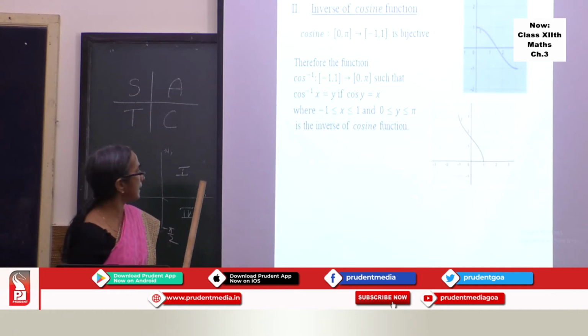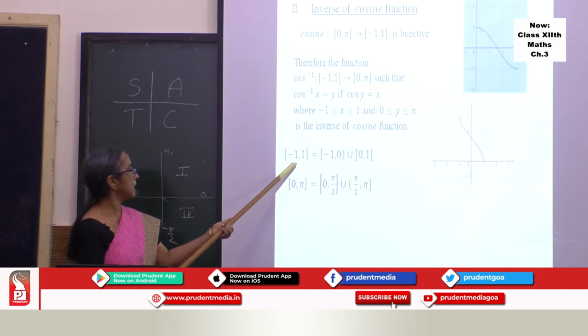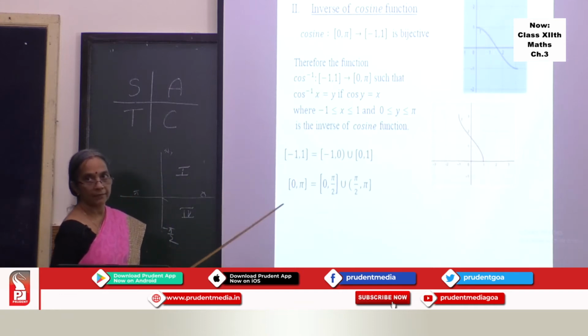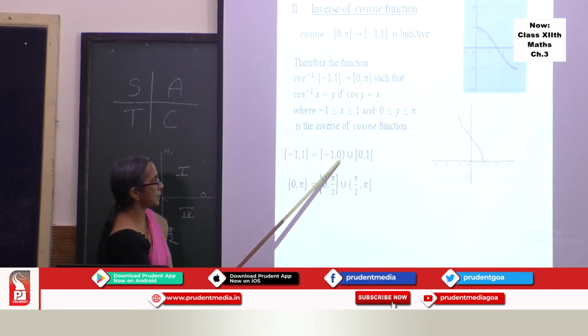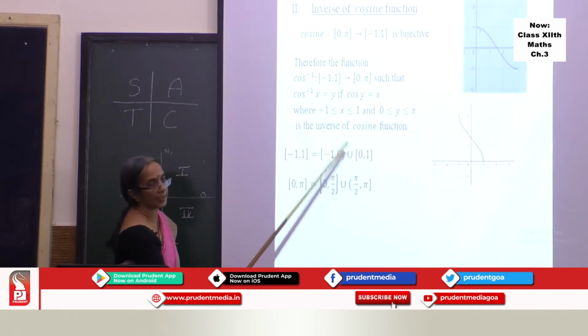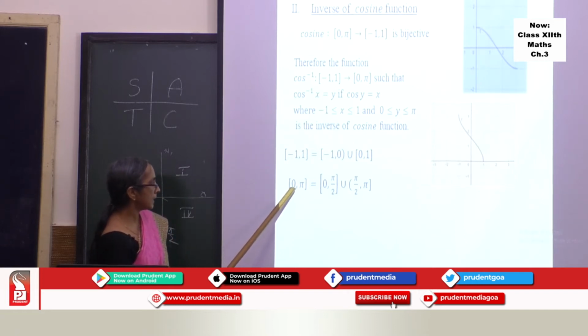Okay. So, let us see the breaking of the intervals. Minus 1 to 1, we can write as the union of these two intervals, minus 1 to 0 and 0 to 1, like the sine function. But here it is not like the sine function.